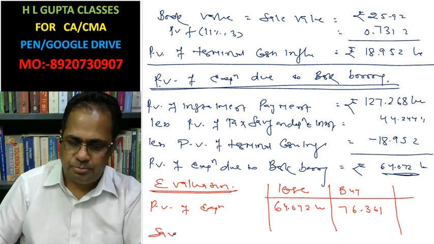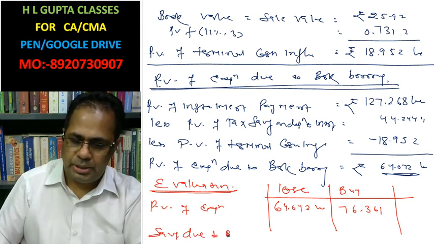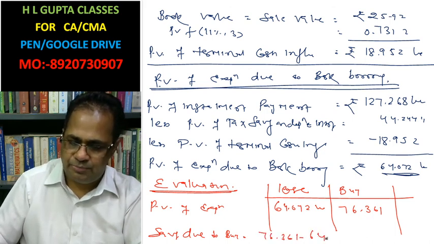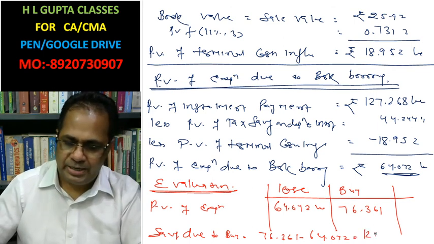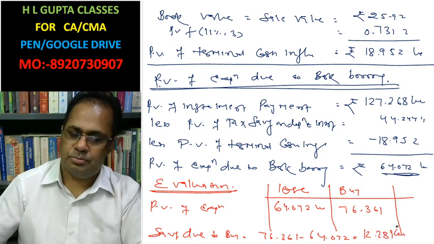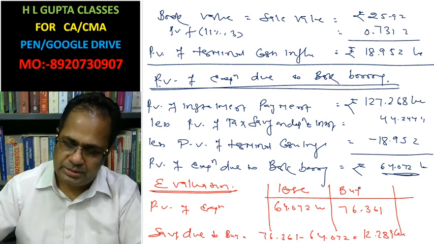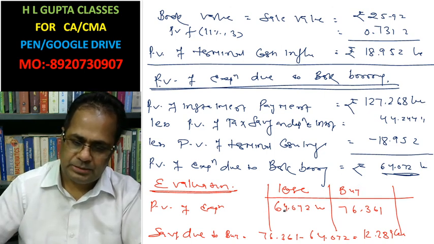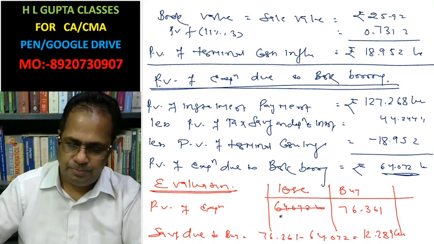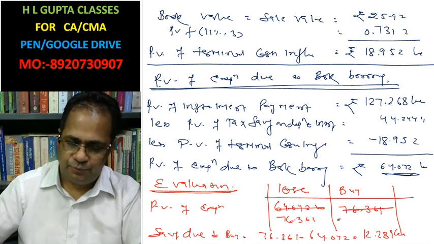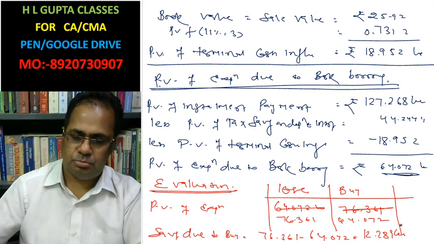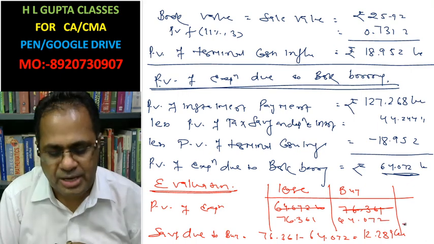Saving due to buying is 76.361 minus 64.072, that equals 12.289 lakh. The bank borrowing is the lower cost, that's why bank borrowing is accepted.